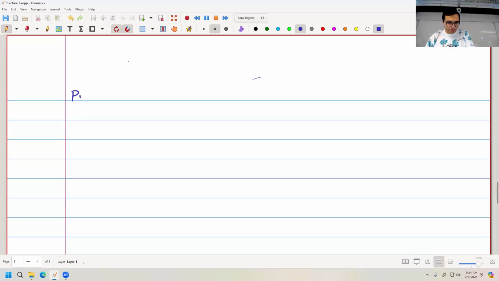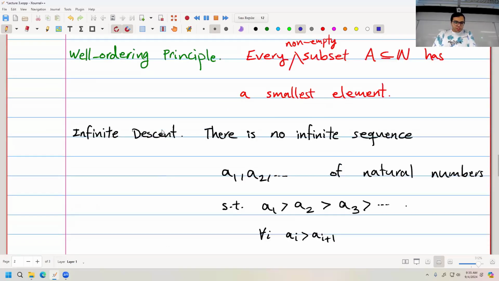So this is the second problem I want you to consider. This is problem 2. I want to prove that square root of 2 is irrational. Basically, I want to show that I cannot write square root of 2 as a fraction where the numerator and the denominator are both natural numbers. Now, I want to prove this using this infinite descent principle.